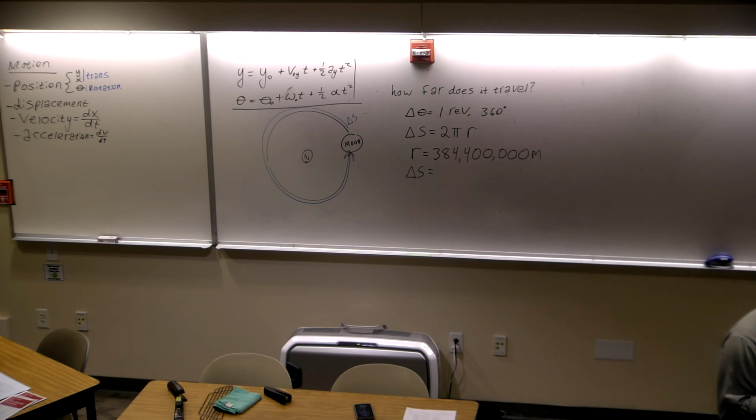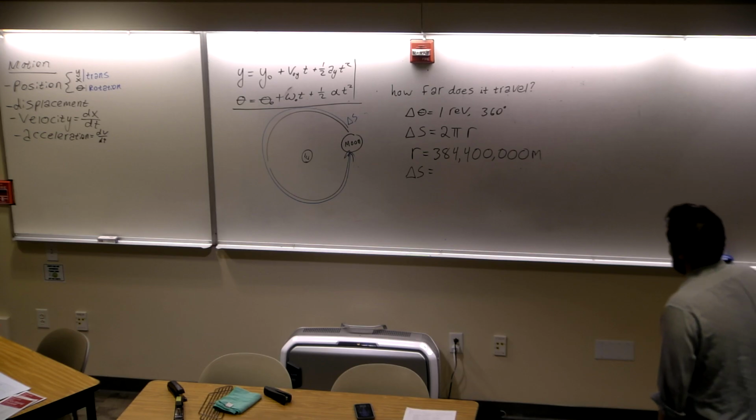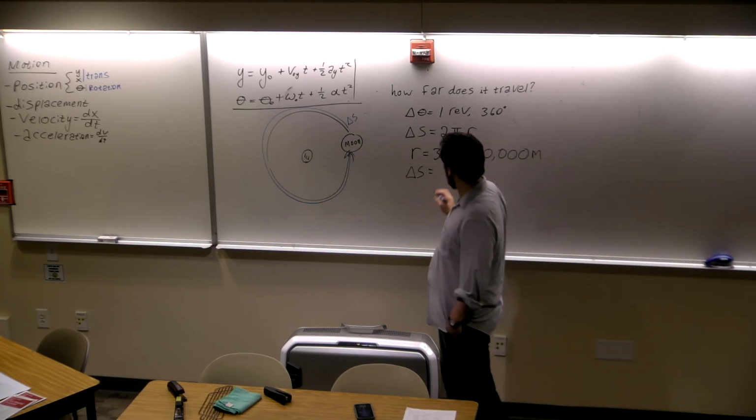How far does the moon travel in a single orbit? Well, we'll take 2 pi and multiply it by this radius, 384,400,000. I'll give you some time.